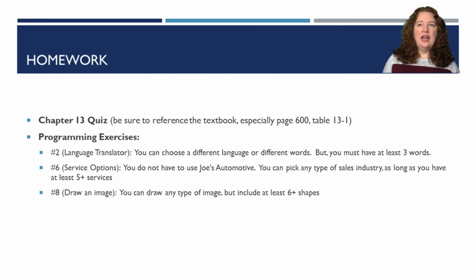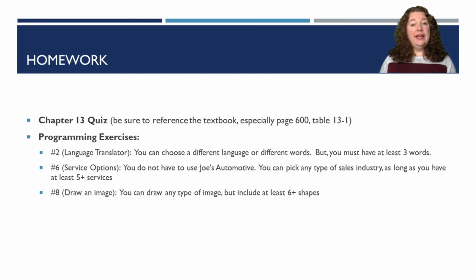This is a resort that you want to go to, and you want to have golf, and you want to have swimming or whatever, you want to go do the zip line, something kind of fun. So service options, so things that would provide a service for someone. You could do it as a restaurant, something kind of a little different than the Joe's Automotive. I want to see some of your creativity here. So you can pick any sales industry that you want as long as you have at least 5 services, but use kind of the template of what they've given you on number 6.